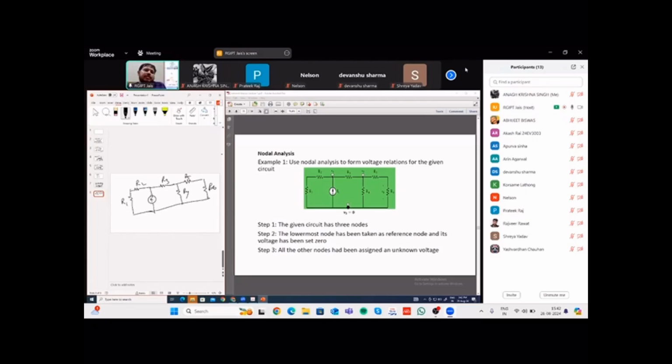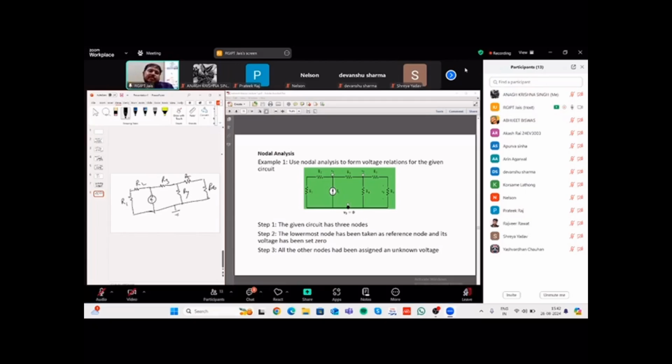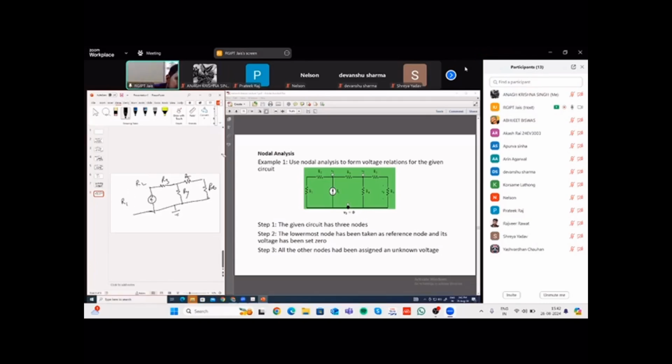So what we have understood is that we have taken this as the reference, that is the ground. Now you see this. You can consider this a node, but just to simplify, why write unnecessary equations? So can you replace these two with a single resistance, that is the sum R1 plus R2? Again, can you replace these two resistances by a single resistance?